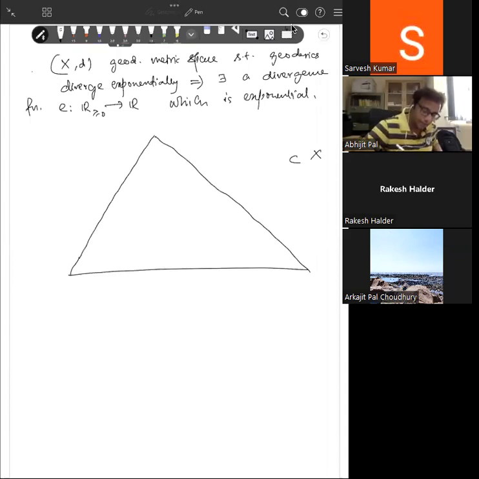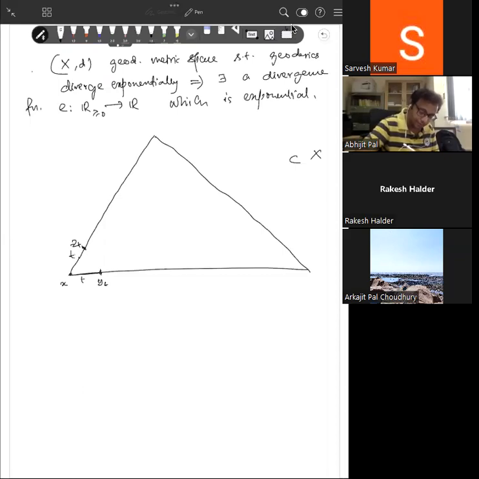All right. Now first let us concentrate on this vertex X. You take these two points, let us call them Y_t and Z_t. These are at distance t. Suppose the triangle is good enough.